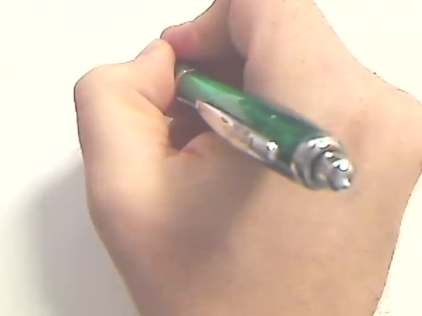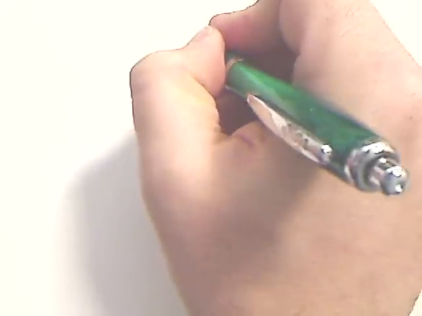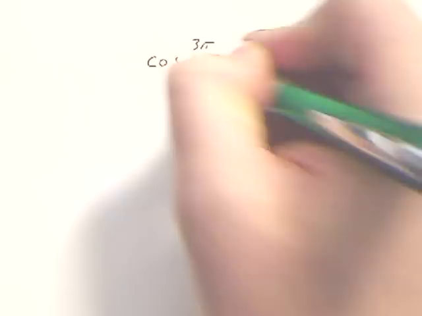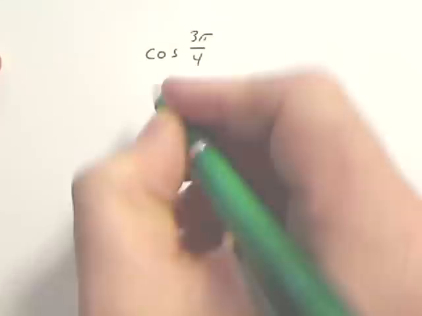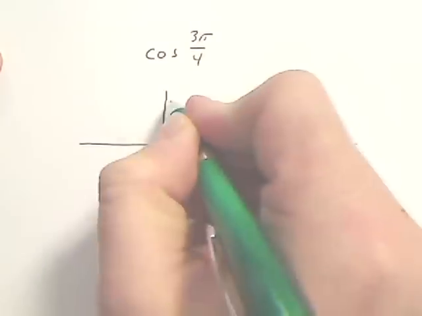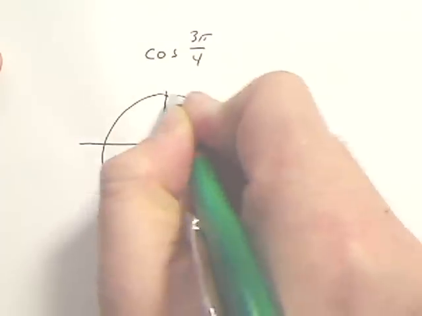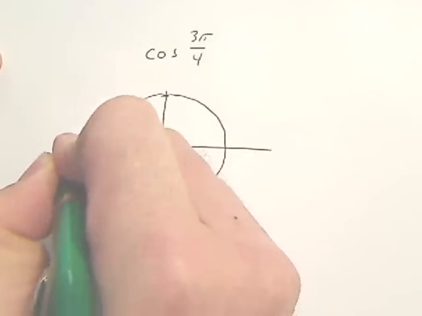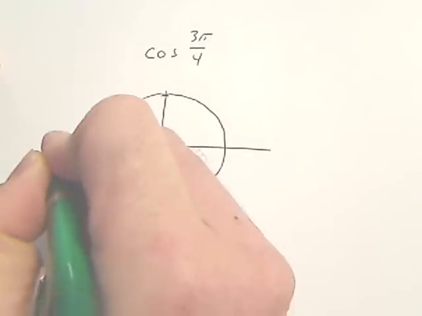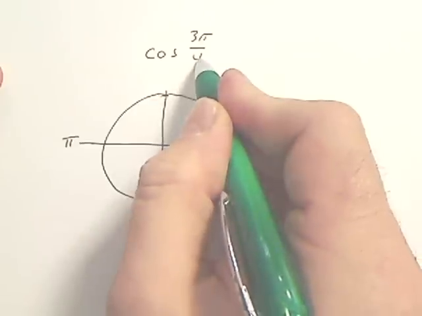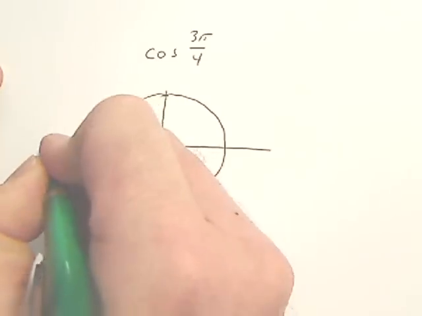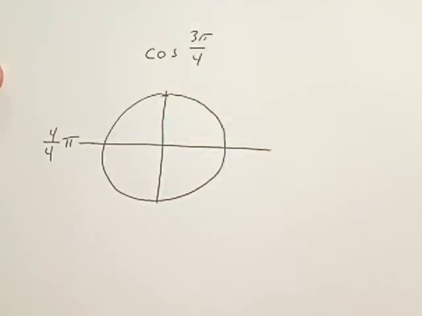If I did cosine of 3 pi over 4, I would hope that you would draw your unit circle if it wasn't given to you. Label straight left. Straight left we know is pi. I would like you to put the fraction that's equivalent to the number 1 using a 4, meaning 4 over 4.